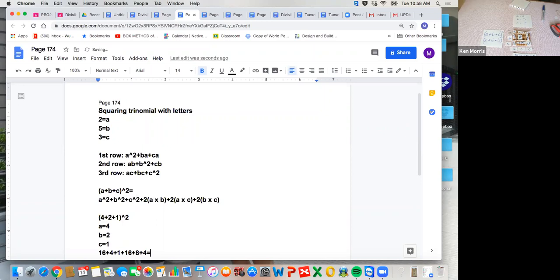So I know that the squaring of this trinomial is 16 plus 4, which is 20. Plus 1 is 21. Plus 16 plus 4 is 20. Plus 8 is equal to 41 plus 8 is equal to 49, which in fact is 7 squared.